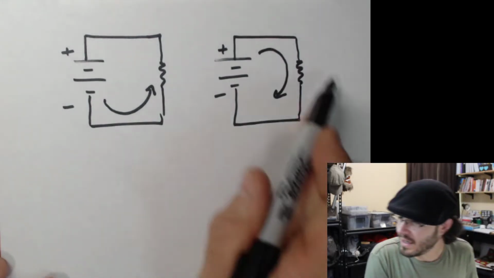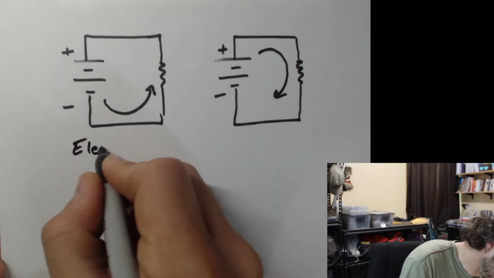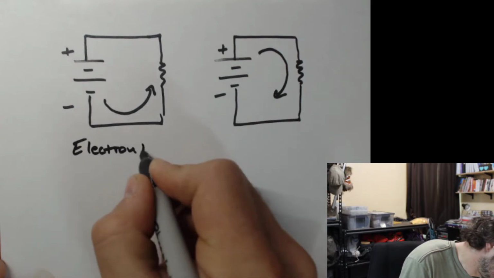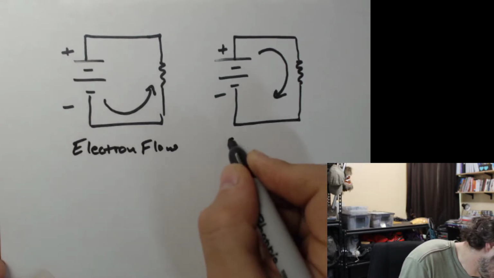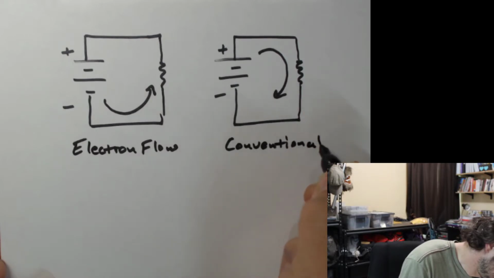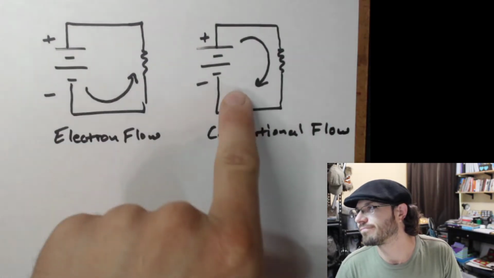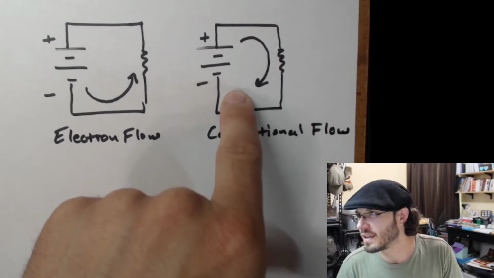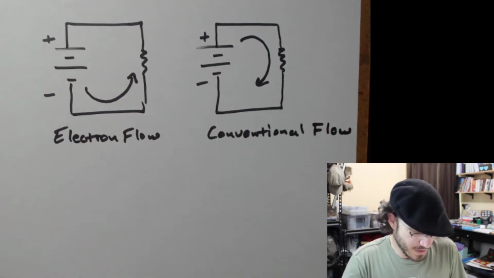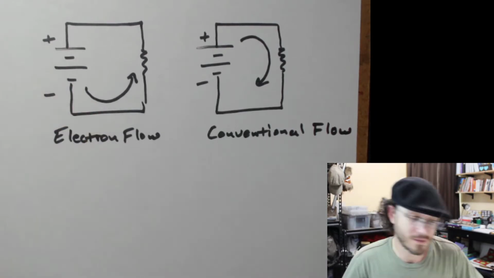And what's this one? Say it in chat. And which one are we using? Because everyone else does. But the electrons absolutely are physically moving in this direction.